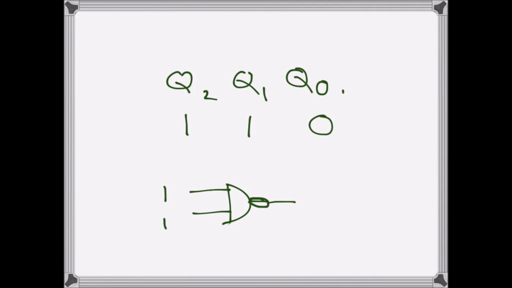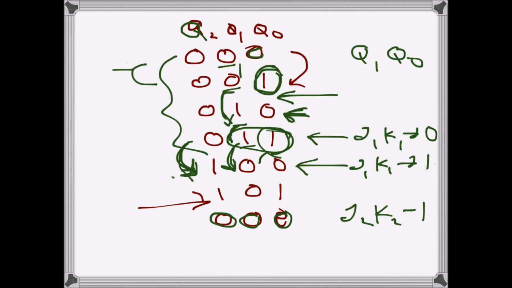So unless here we have 1 and here we have 1, we can ignore this one. Here Q2 is 1 and Q1 is 1. This NAND output will be 0, and that will happen only once, when we want it to be cleared, that is at this stage which we don't want to be displayed, that is here 1, 1, 0.